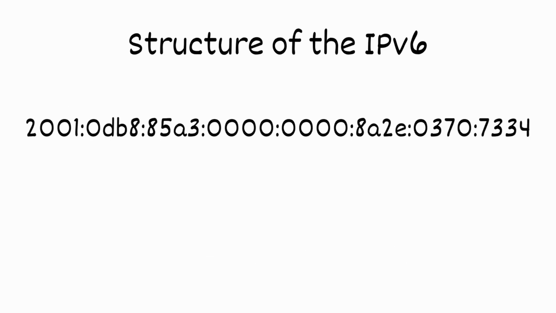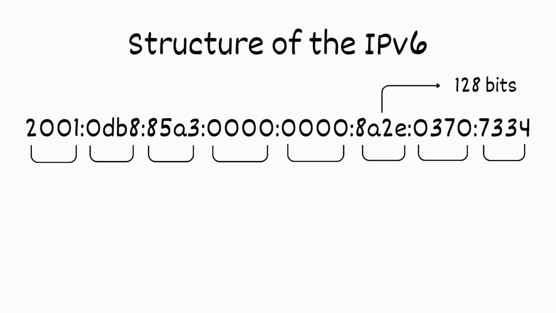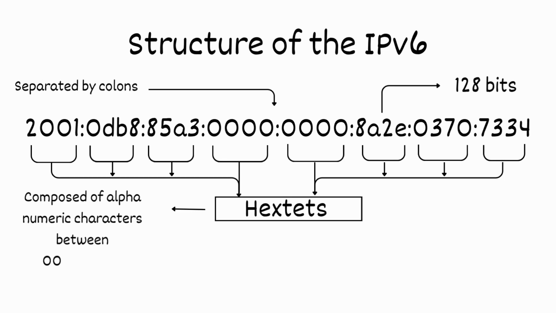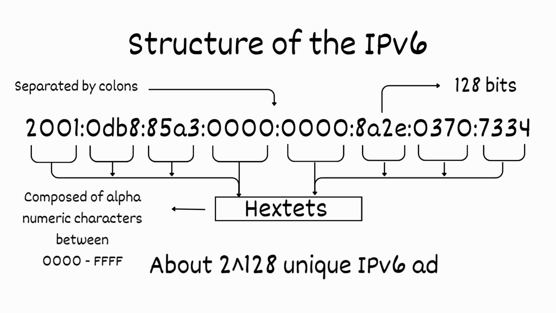IPv6, on the other hand, has a 128-bit structure consisting of 8 blocks or groups called hextets, separated by colons. Each hextet is composed of alphanumeric characters between 0000 to FFFF. This allows for about 2 to the power of 128 unique IP addresses, which is much higher than that of the IPv4.